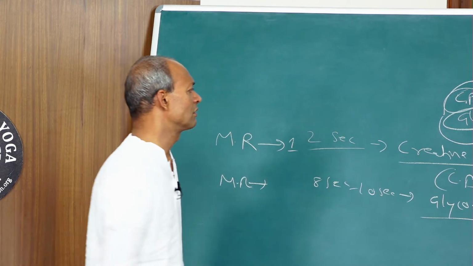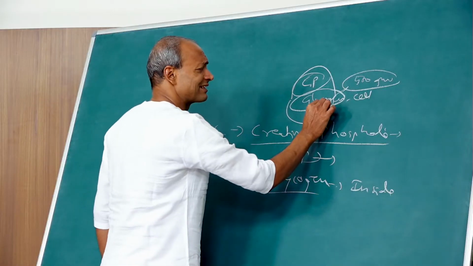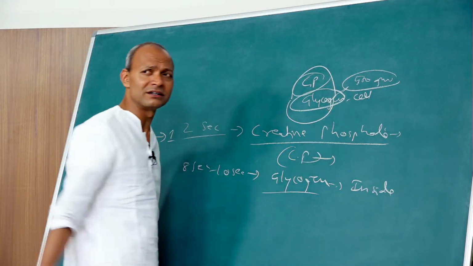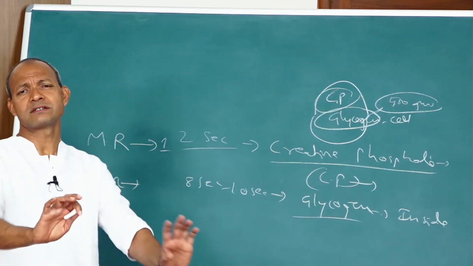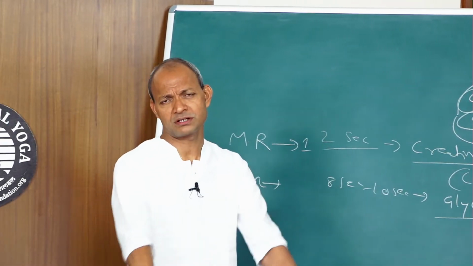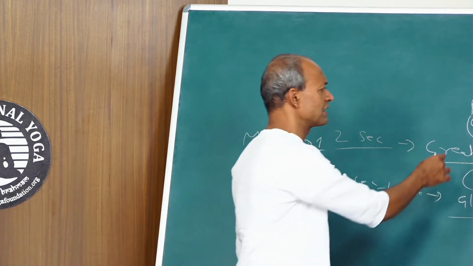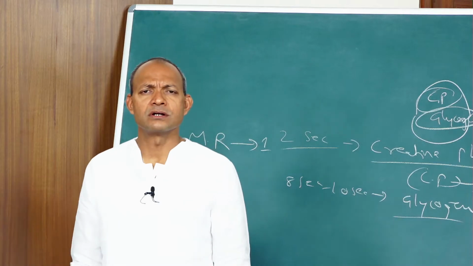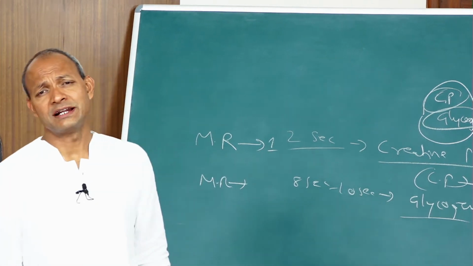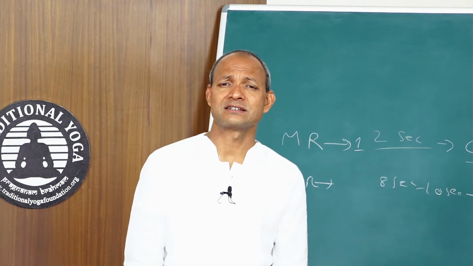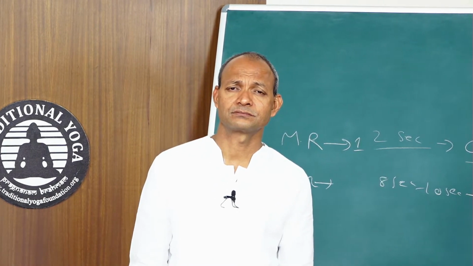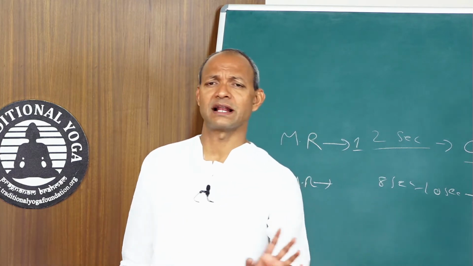First the glycogen inside the cell is burnt, then the liver supplies it. The liver converts the glycogen to glucose and pumps it in, if the activity is more than 8 seconds, because the glycogen inside the cell cannot last more than 8 or 10 seconds.